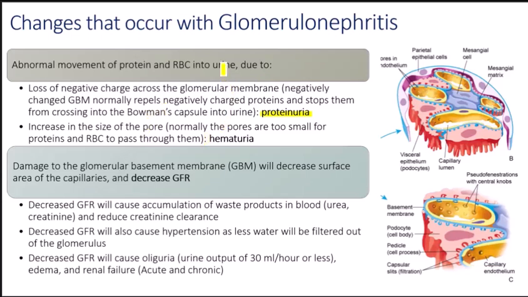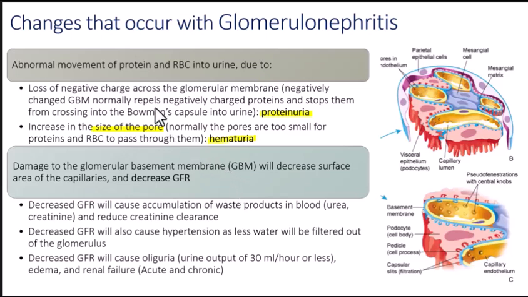But when it comes to blood in the urine or red blood cells, which is what we call hematuria, this primarily occurs because now we have an increase in the size of the pores. Normally, pores are far too small for structures such as protein and red blood cells to pass through. And when the pores open up, then we're allowing substances to pass through and end up in the tubular system and then end up as part of our urine.